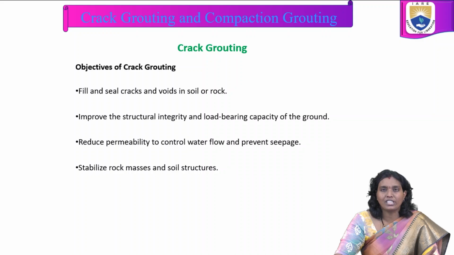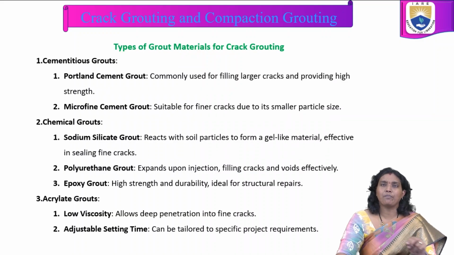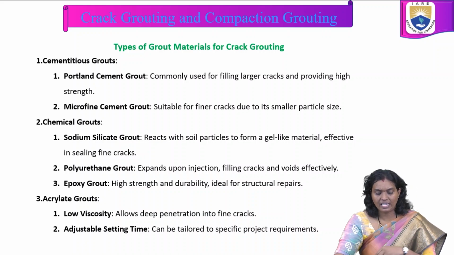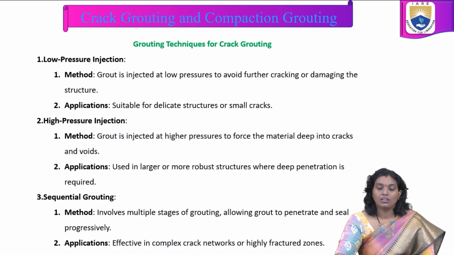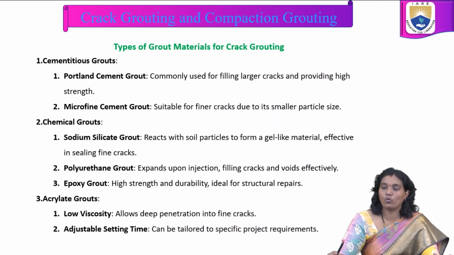The grout materials for crack grouting are cementitious grouts, chemical grouts and various other types of materials that are available. Whenever they are required, we choose the type of material. Each kind of material gives a property to the soil.